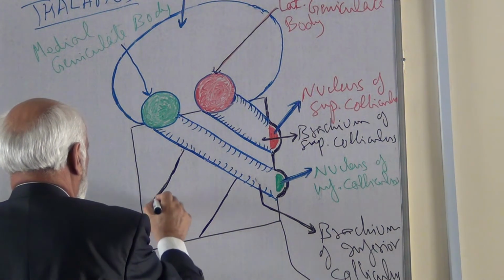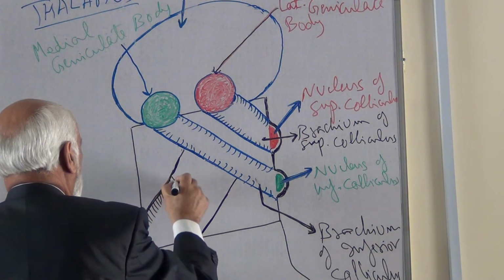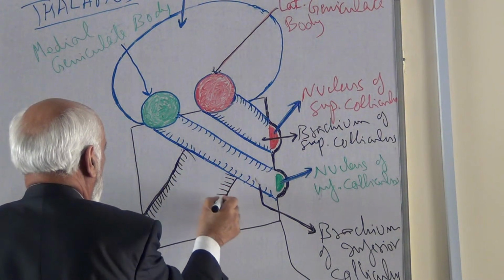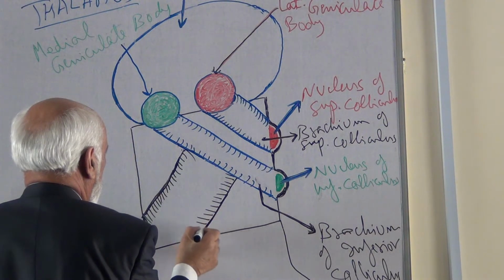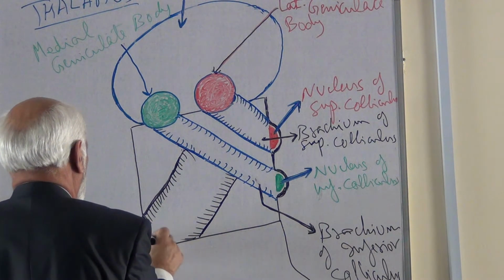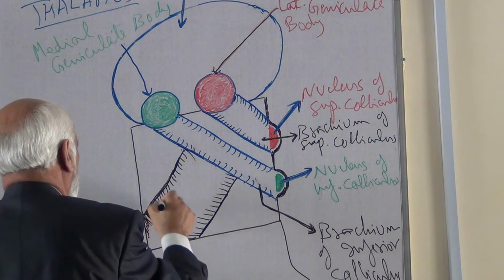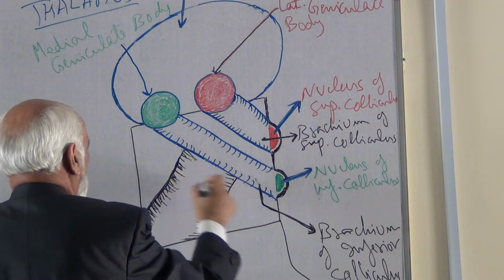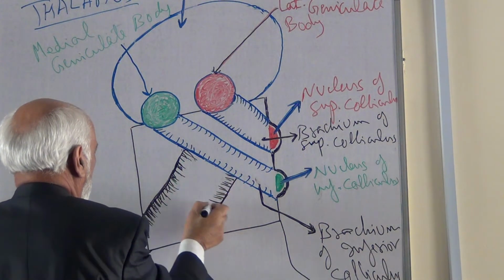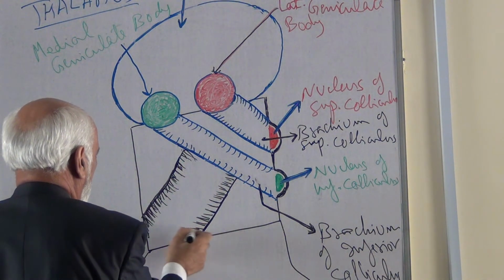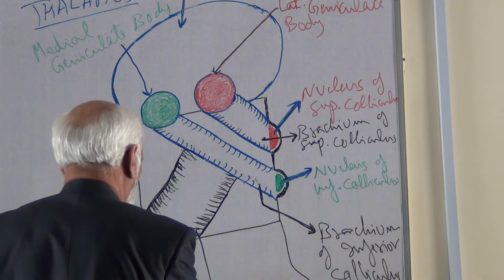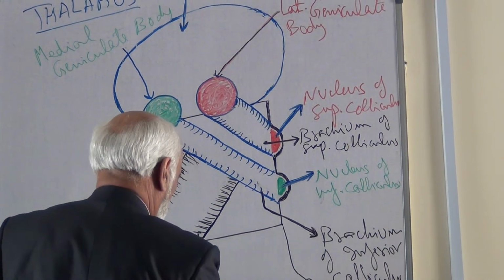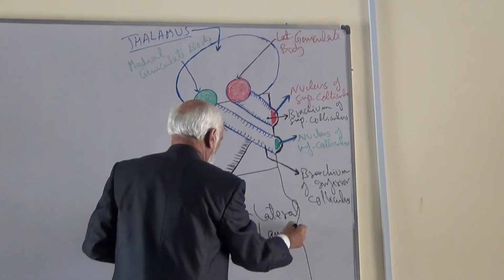This rounded elevation on the lower part of the lateral surface of the midbrain is a tract known as the lateral lemniscus.